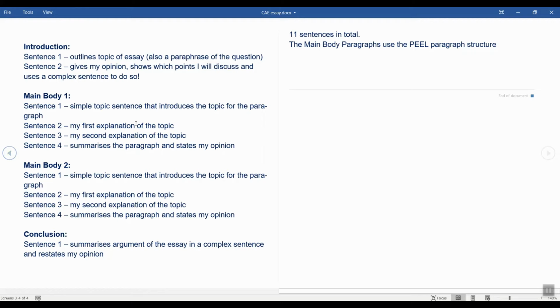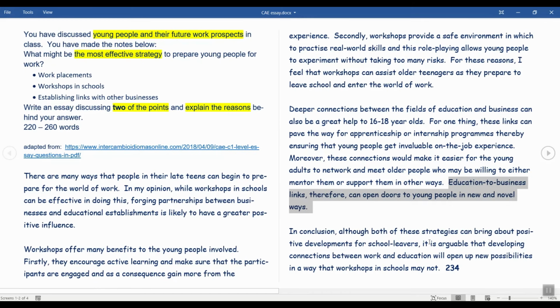And then finally, in the conclusion, it's just a one-sentence conclusion that summarizes the main argument of my essay in another complex sentence and restates my opinion. So I get my complex sentence using although at the beginning and having a comma.